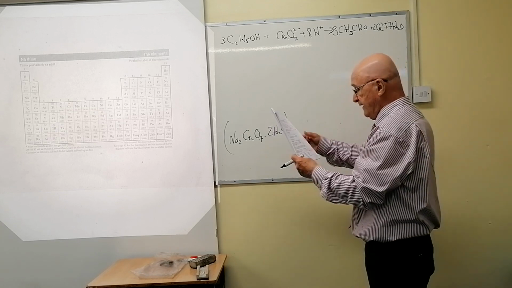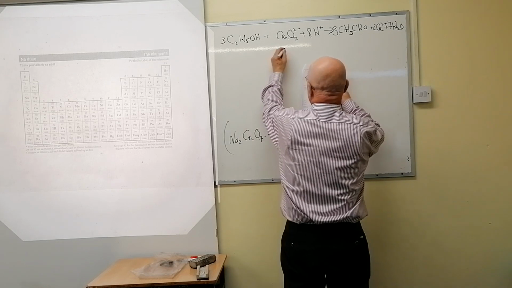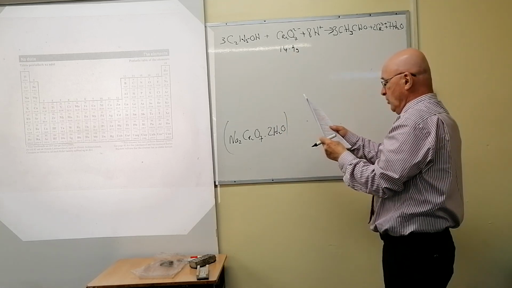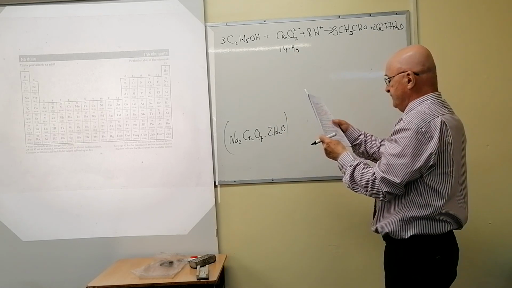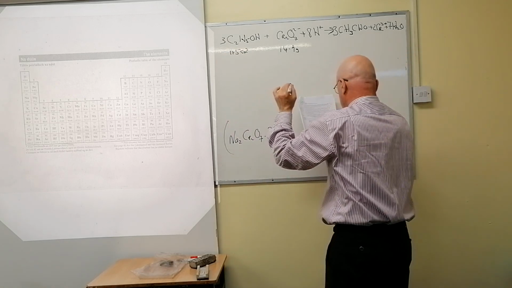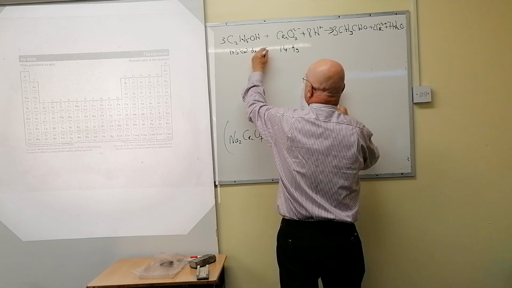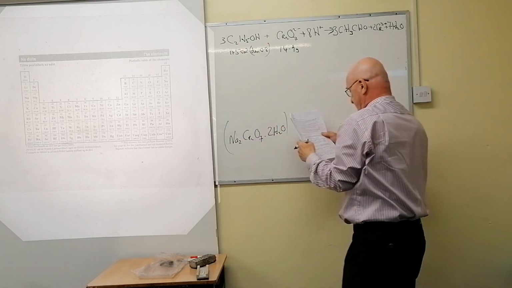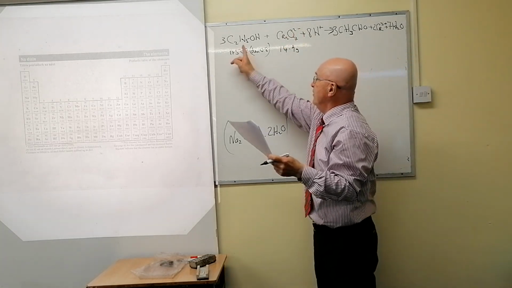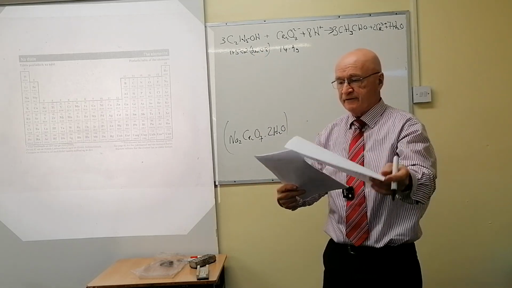Anyway, they go on to tell you then, and I'm just going to write it here for a moment now, that if 14.9 grams of dichromate and 11.5 centimeters cubed of the alcohol, and they give you the density as well, density 0.8, were used, they ask you the following questions.